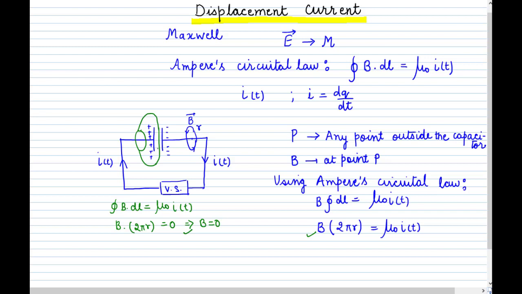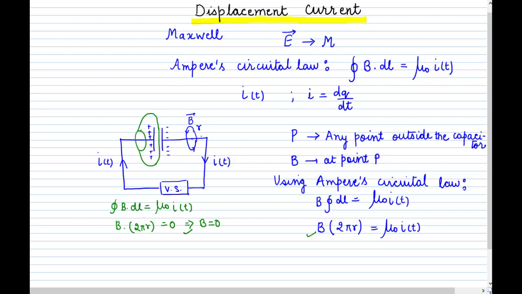So it was concluded that there is something missing, there is some missing term from which we should be getting some magnetic field at point P. So we have to find this missing term so that whatever closed surface we take, the value of magnetic field should be the same.